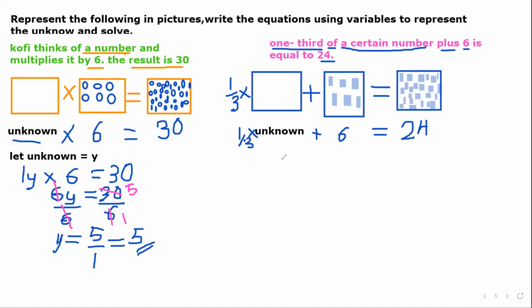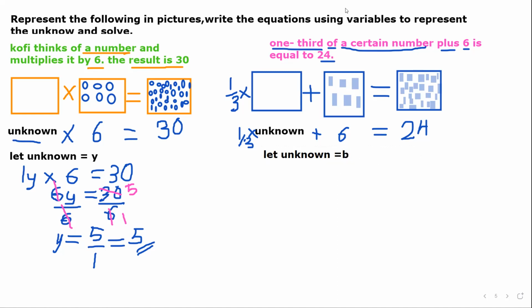Now you choose a letter to represent unknown. So let unknown equal to b. Okay, good.